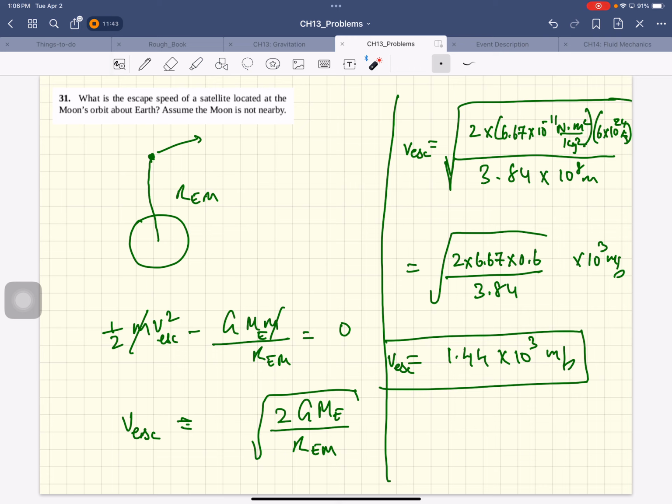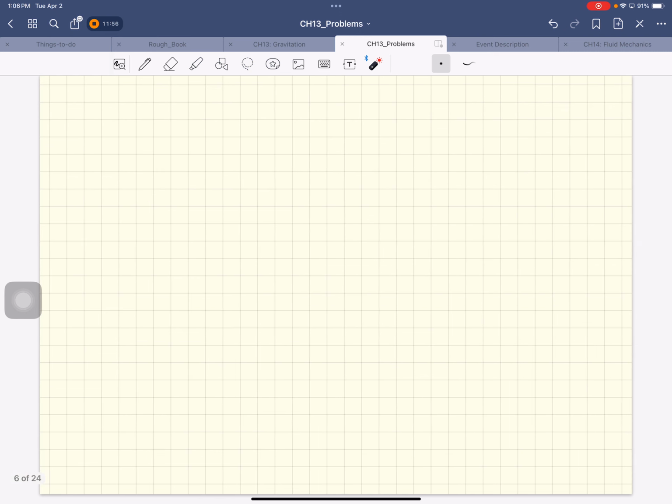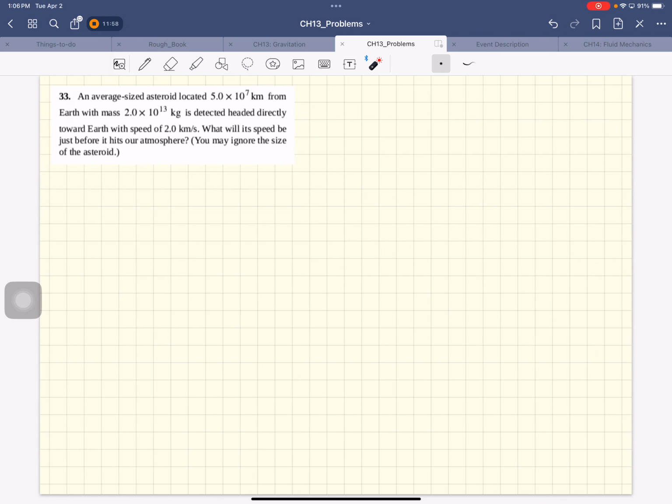Yep. The escape velocity from the surface of the Earth was 11 kilometers a second, and the space shuttle went around at 8 kilometers a second. Okay? Any questions on that one? Okay.